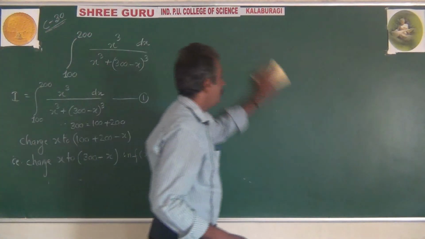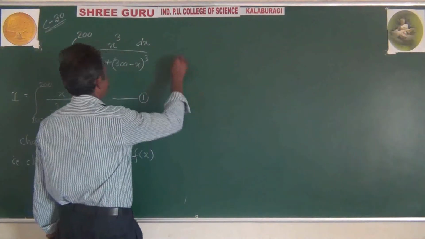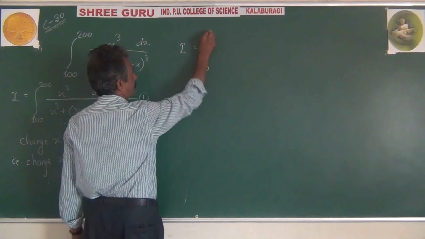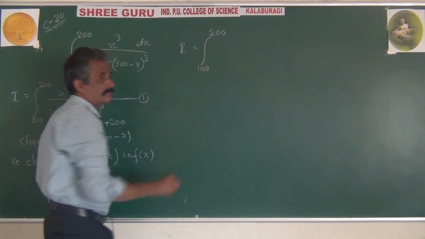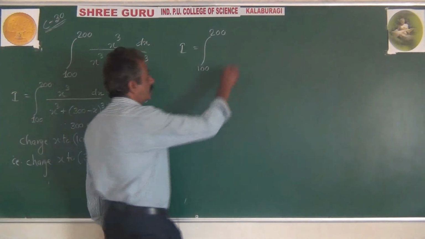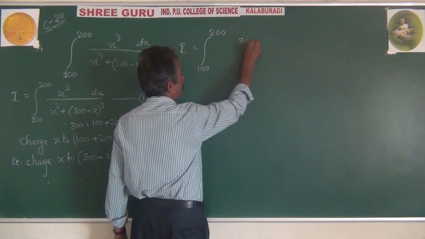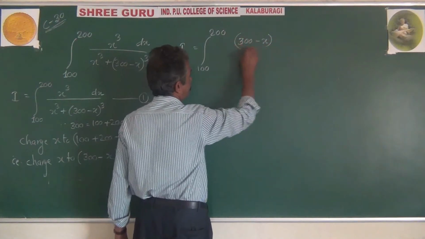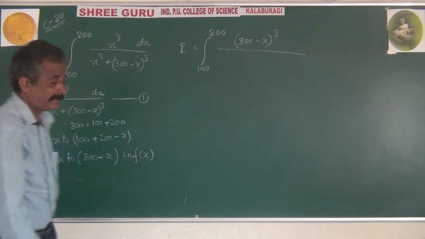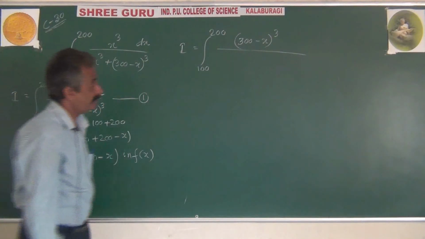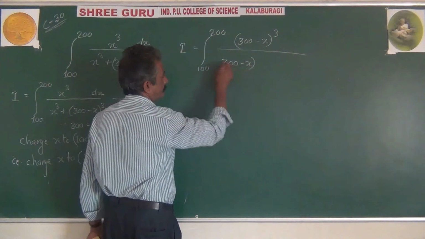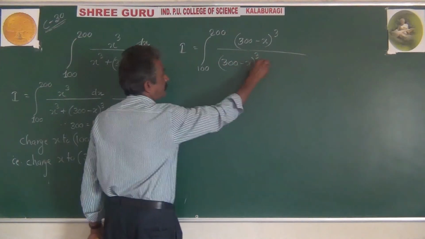So that now I becomes integration 100 to 200 x, which becomes now 300 minus x, but the function nature remains the same, its whole cube remains the same, divided by x becoming 300 minus x along with whole cube.